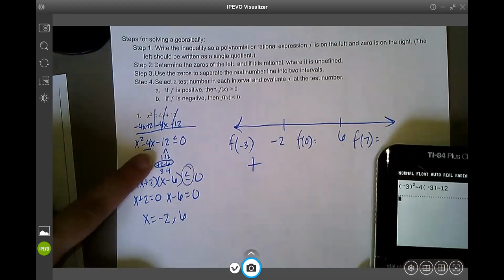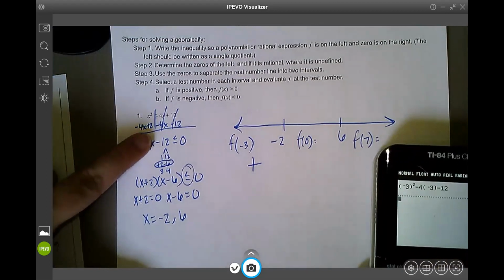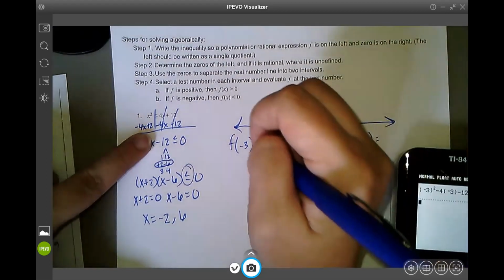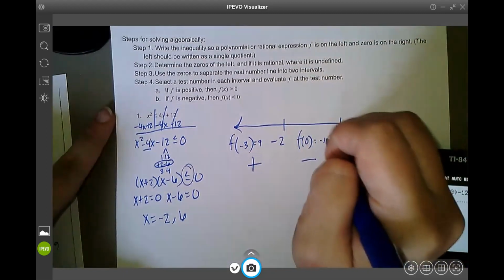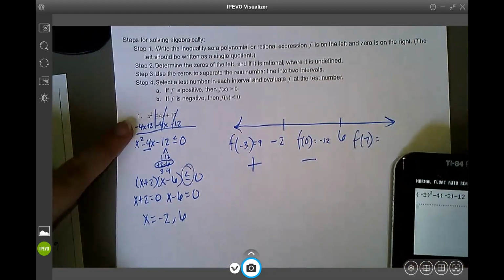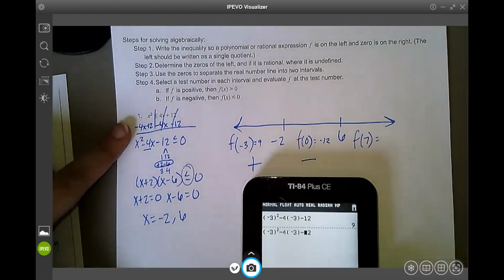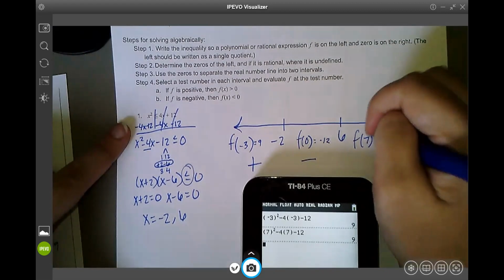If I plug in 0 here, I'm just left with my y-intercept, which is going to be -12. So this is equal to +9. This is equal to -12. And then I'll do the same thing with 7. And you get +9 again.